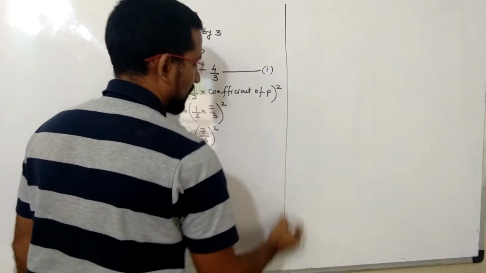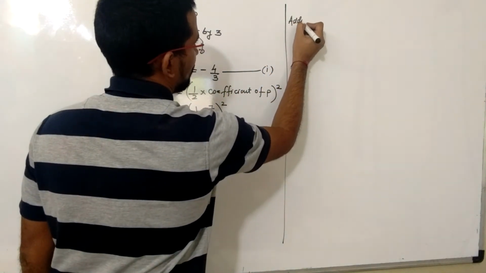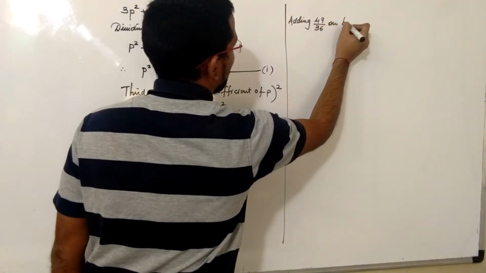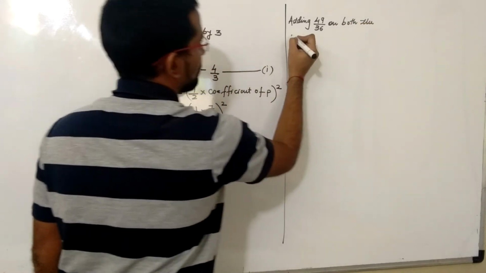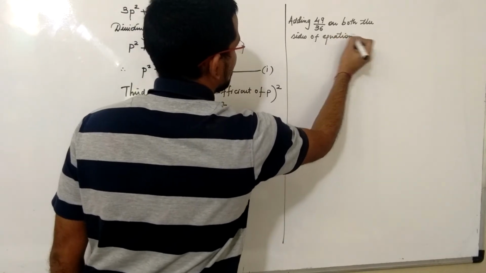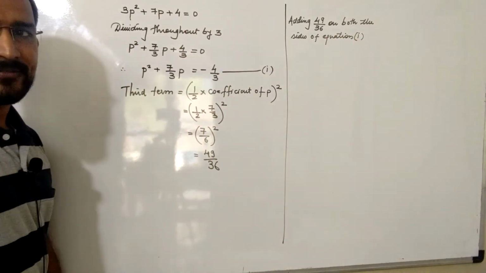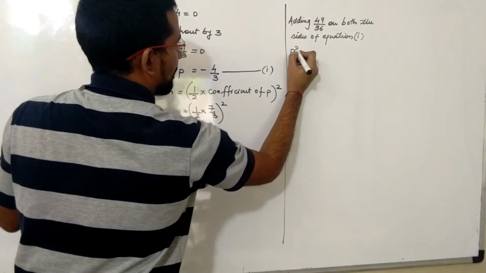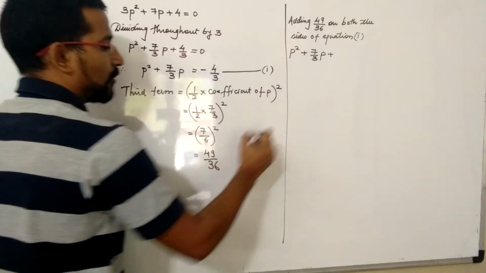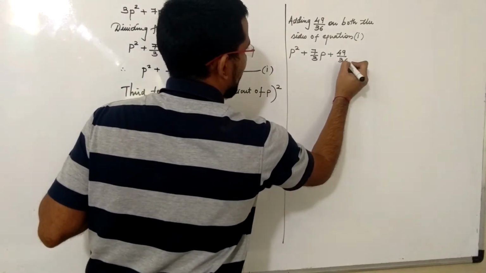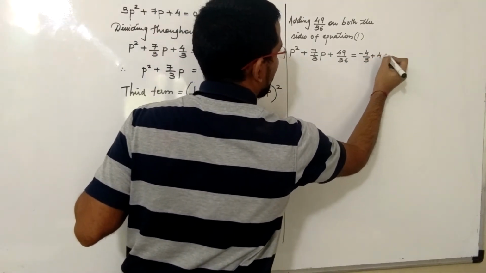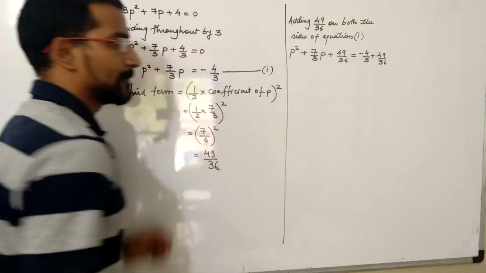So adding 49 by 36 on both sides of equation 1, the equation will become p square plus 7 by 3p plus 49 by 36 is equal to minus 4 by 3 plus 49 by 36.